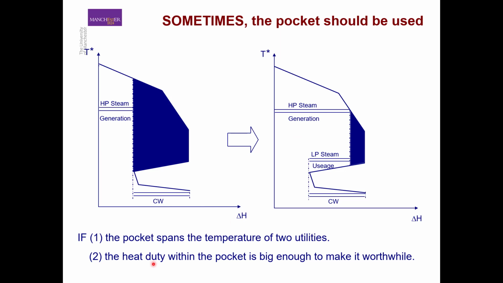So the heat duty has to be significant to apply this kind of treatment. For example, here we have a significant increase in heat duty, and that's why the use of this process to process pocket is of benefit to us.